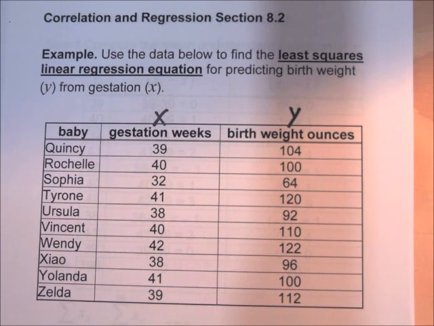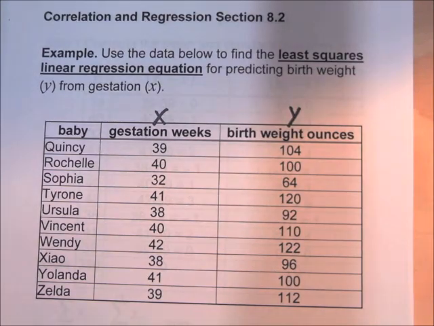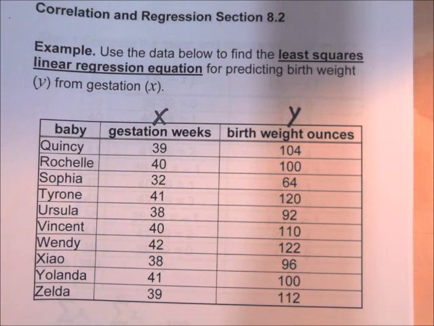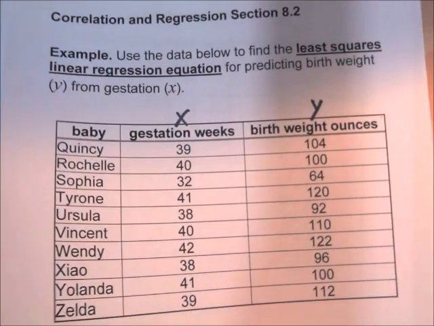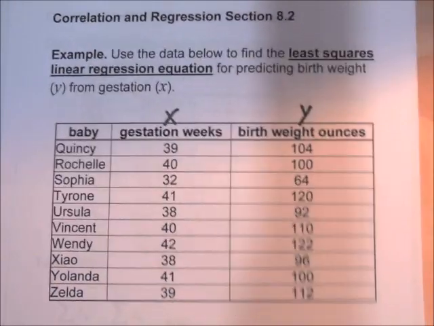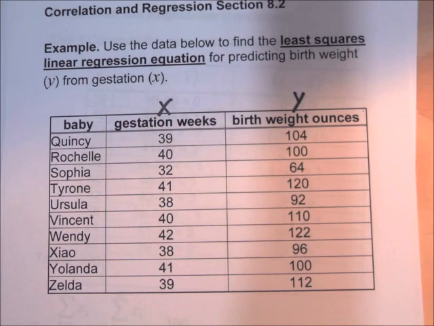It might be a little bit of both, but we'll assume that the X variable is the gestation, the length of pregnancy. So the first step is to compute the mean and standard deviation of each variable separately.